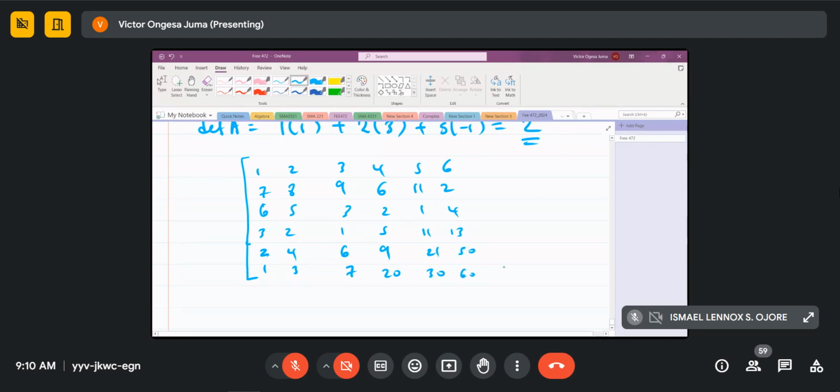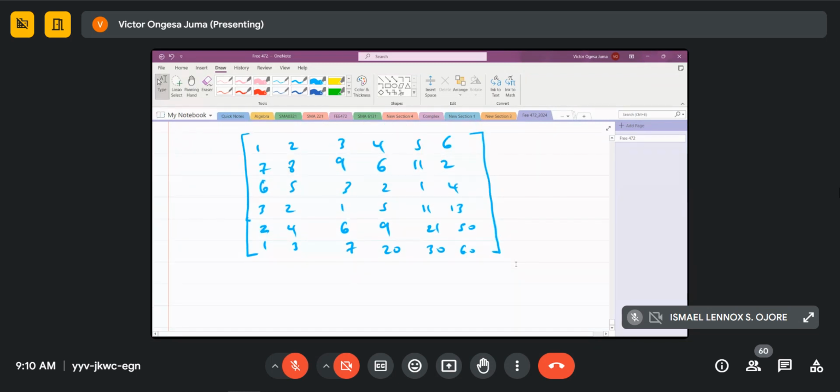So assuming, for example, you have this, and somebody tells you to find A45. It means you find the cofactor of an element belonging to the 4th row and 5th column. So 4th row: 1, 2, 3, 4. That's the 4th row, and 5th column: 1, 2, 3, 4, 5.